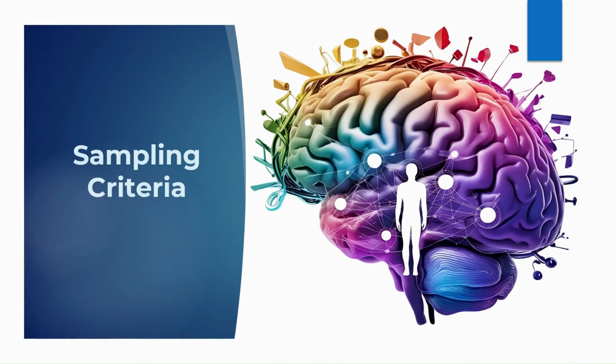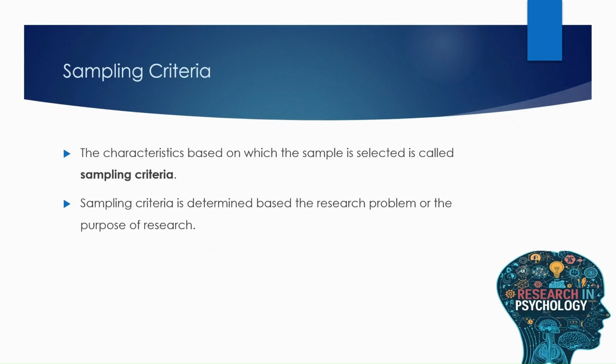Then let's look at the sampling criteria. The characteristics based on which the sample is selected are called the sampling criteria. And the criteria is determined by what? The research problem or the purpose of research. So based on the research, it could be age, right? I might want a sample of a particular age group. If I am studying adolescents, then the age group of adolescents becomes my sampling criteria.